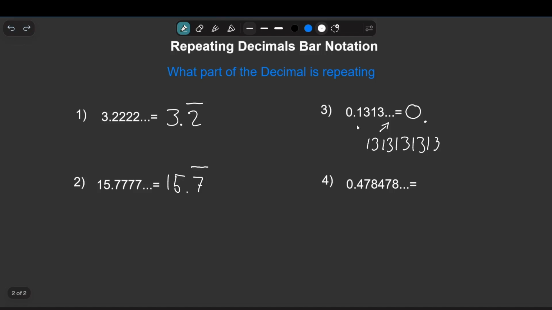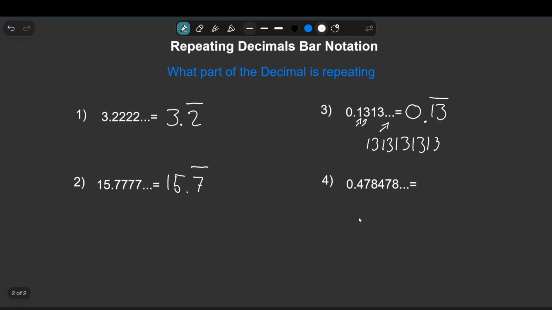And we can see the 1 and the 3 keep repeating. So we can write 13 right here, and of course put a bar on top of the 13, so we know that the 13 keeps repeating. So on to the last example.